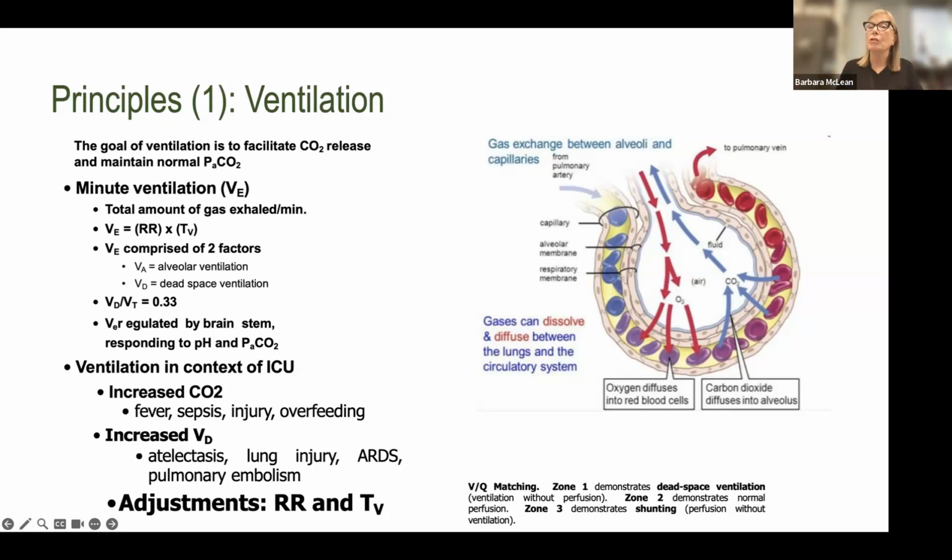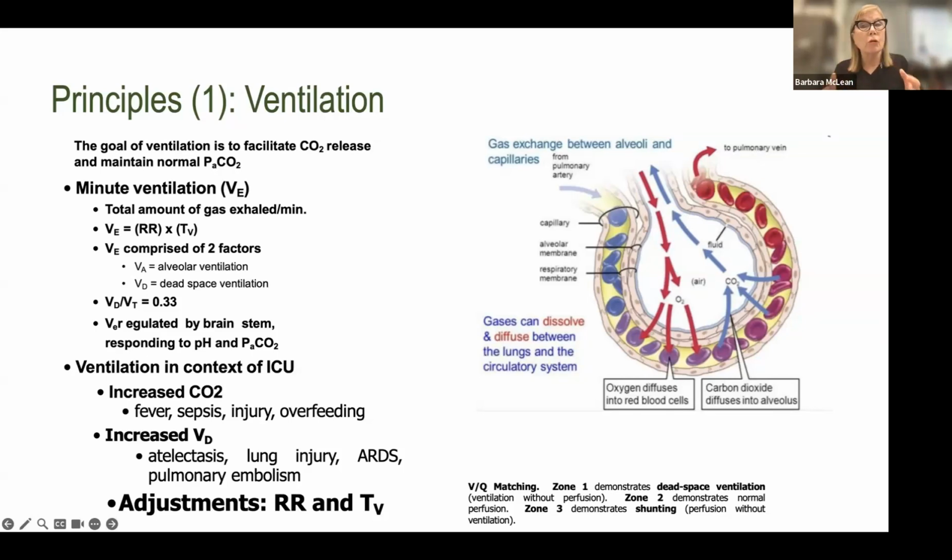But if I have a patient who is compensating for metabolic acidosis or who is attempting to compensate for respiratory acidosis, he will increase his minute ventilation if he's capable. Minute ventilation is respiratory rate, or what's known as frequency on your ventilator, times tidal volume.